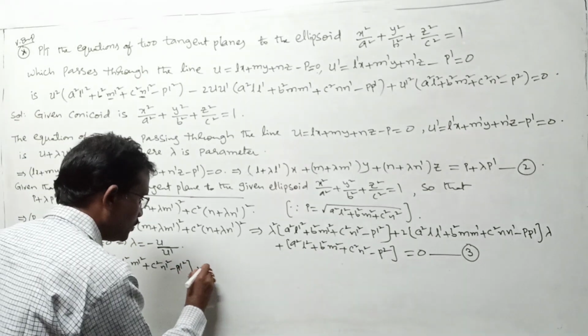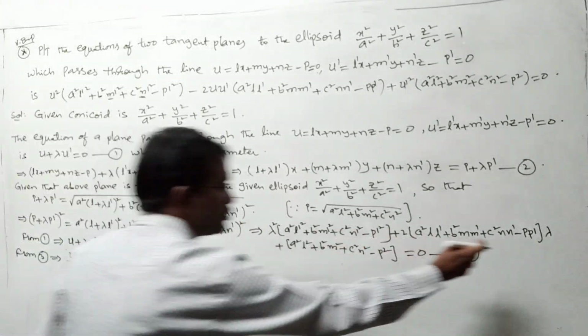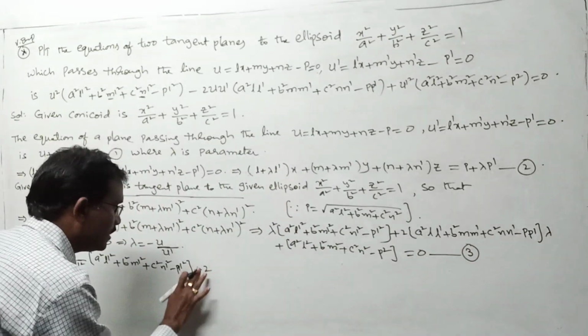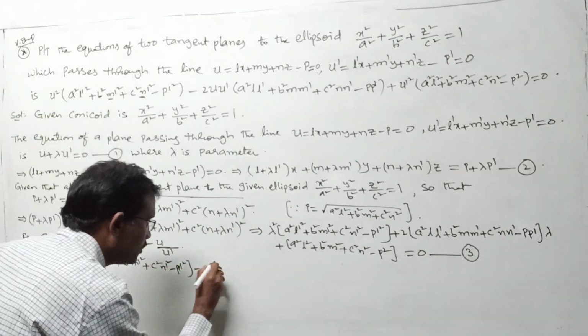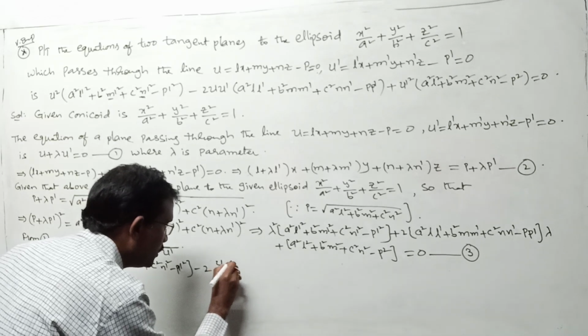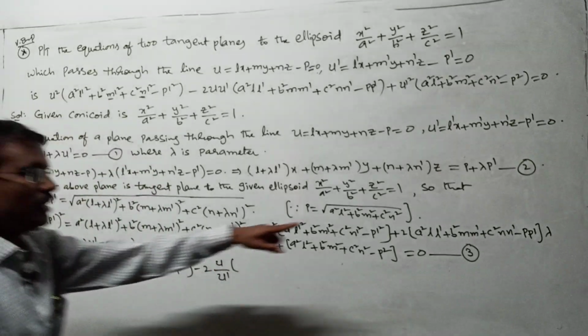Plus 2 into lambda value, here I want to substitute. Lambda is what now? Minus u by u dash, so this becomes minus due to this one. Into lambda value here I substituted.